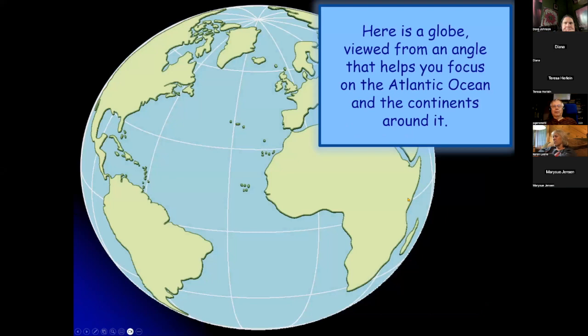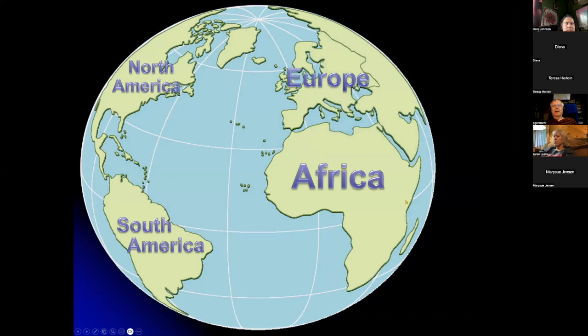So we'll give you a globe that's been tipped over so that it's got the angle that helps you focus on the Atlantic Ocean and the continents that are just around it. The PowerPoint names the continents. You can delete that frame if your kids don't need it, but the one thing we found out in New York was that a whole lot of eighth grade people don't know the names of the continents yet, at least in some urban areas.